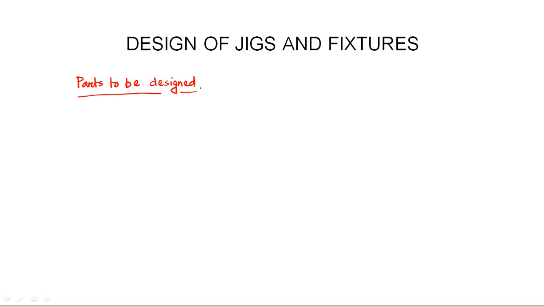The parts that need to be designed: the first one is the base and the body. Next we need to design the locating element or system. Next, the supporting system. Now we have to design the clamping system also.